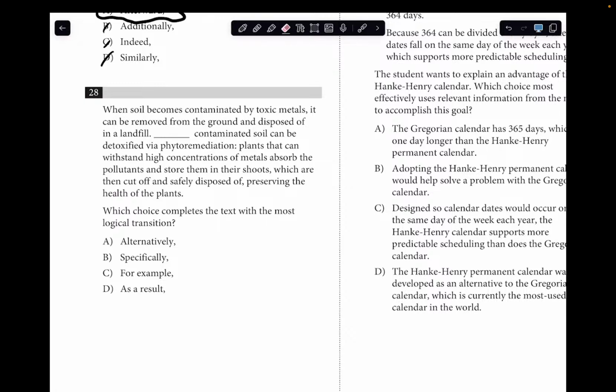So it really is describing an alternative, right? There's the traditional way of disposing of contaminated soil, and then there's this other method through which the soil can be remediated or fixed.